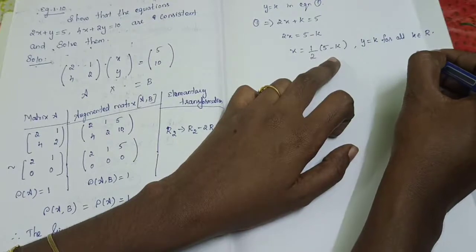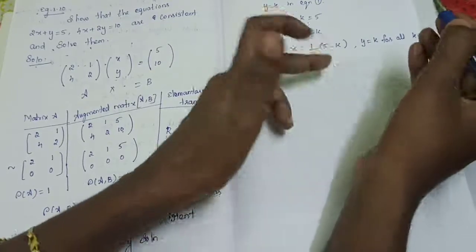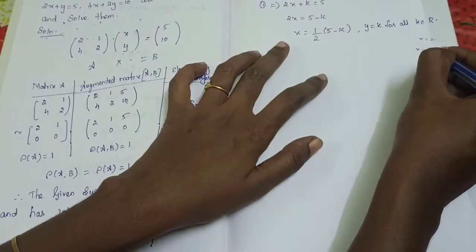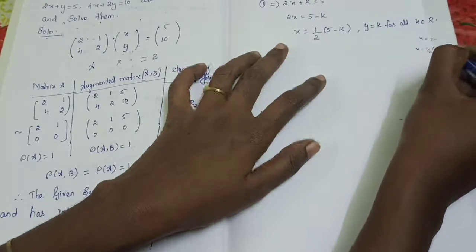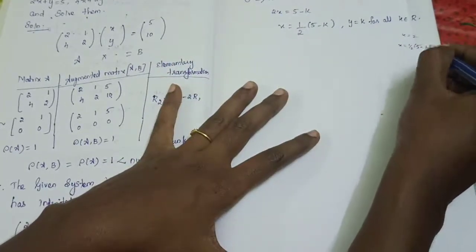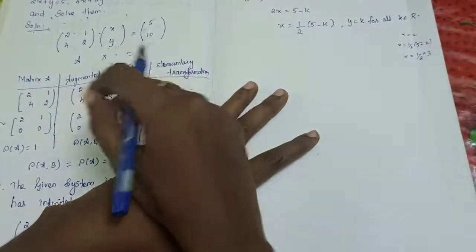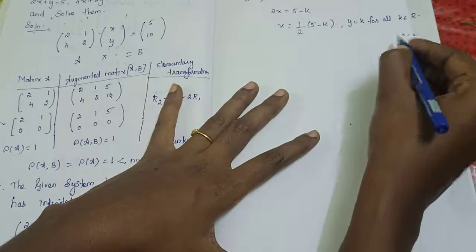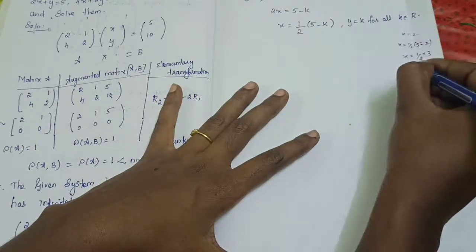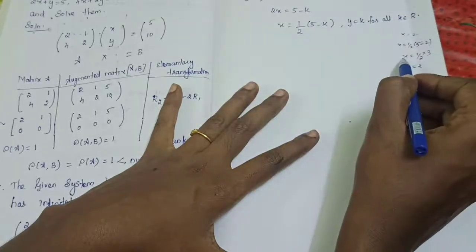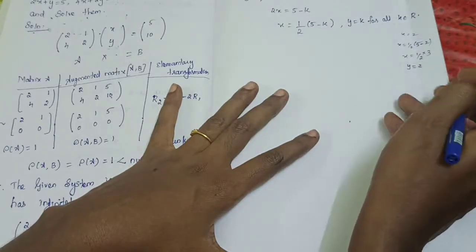If you need, you can check. Just for example, I am substituting k equal to 2. So what will happen? x equal to 1 by 2 into 5 minus 2. So x is equal to 1 by 2 into 3, so now I got 3 by 2. Now what's the y value? y is equal to k, which I have chosen as 2. Now I got the solution: x is equal to 3 by 2, y equal to 2.